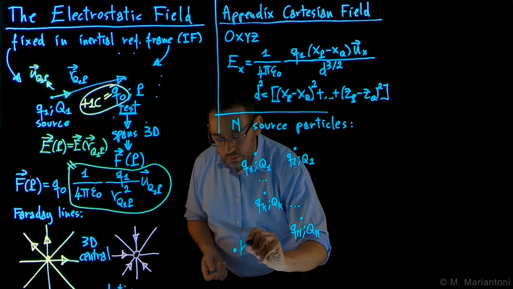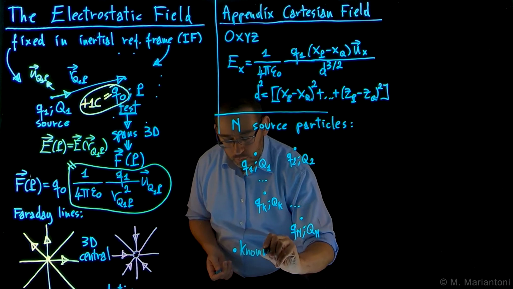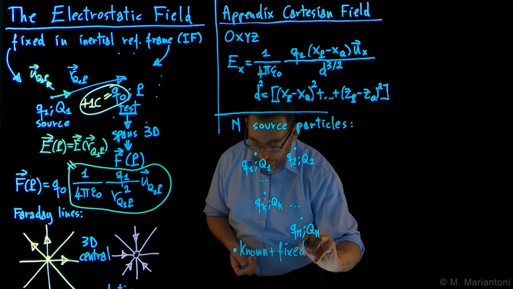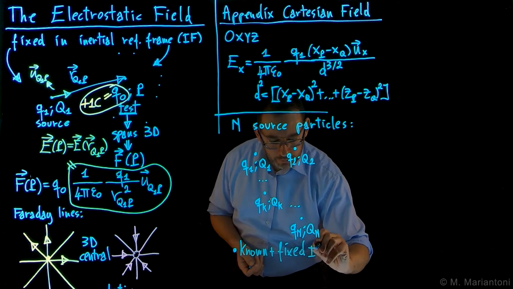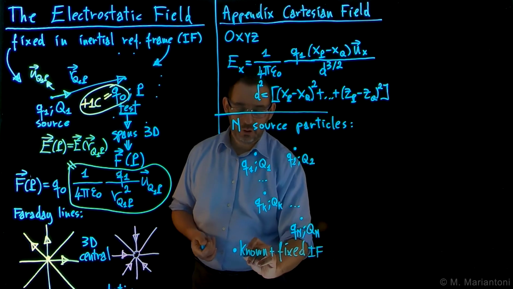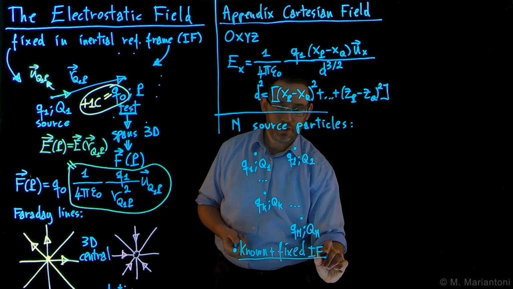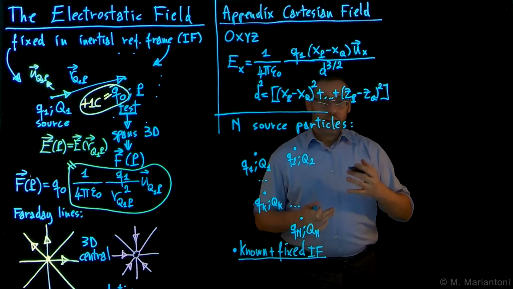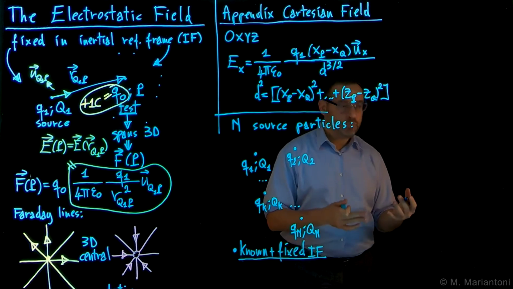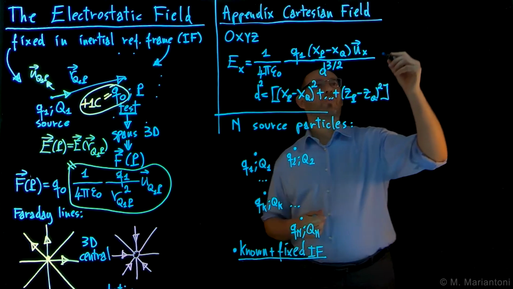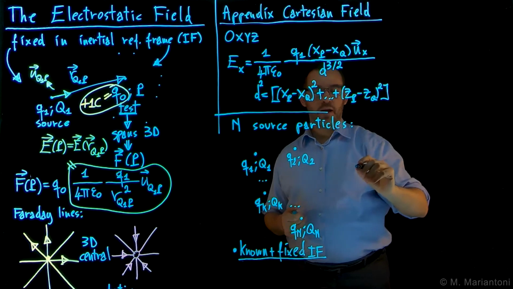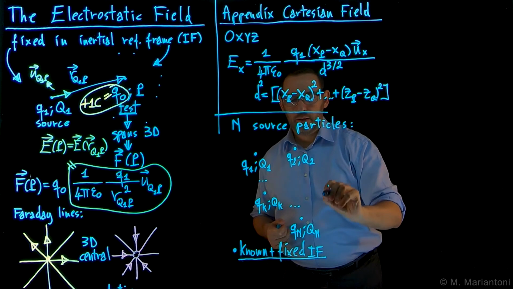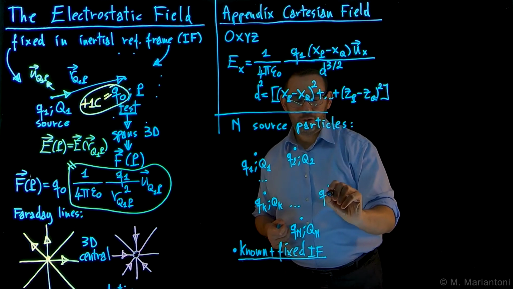So this is a known plus fixed charge distribution in an inertial reference frame. If this is the case, so we have a known and a fixed charge distribution, we can simply write down the force at any point capital P, where we place a test charge Q naught.